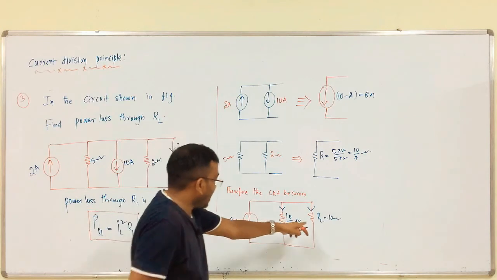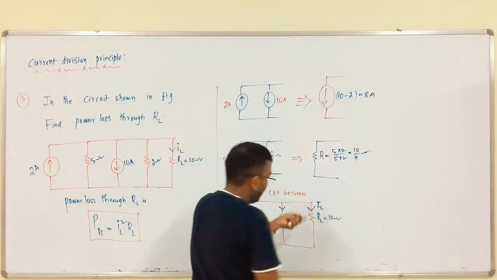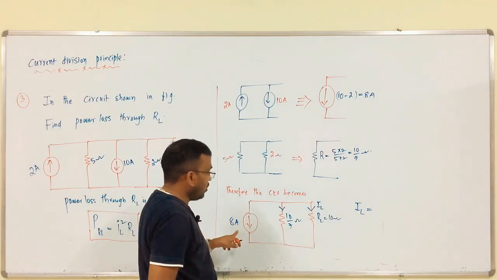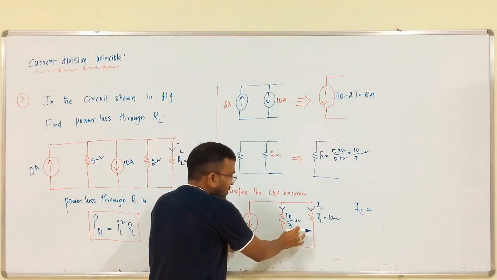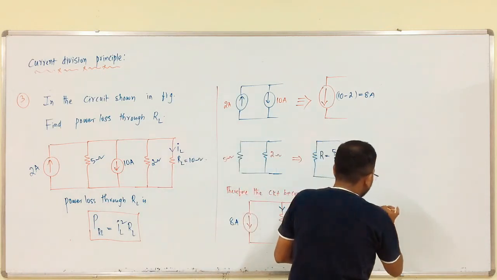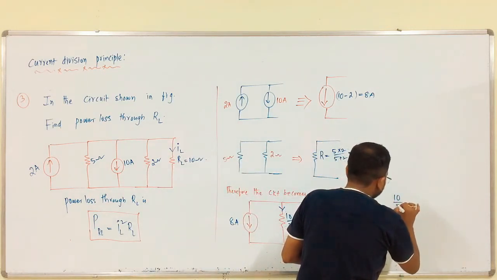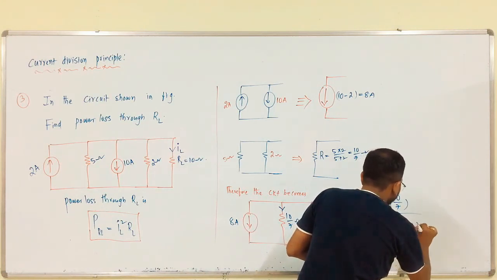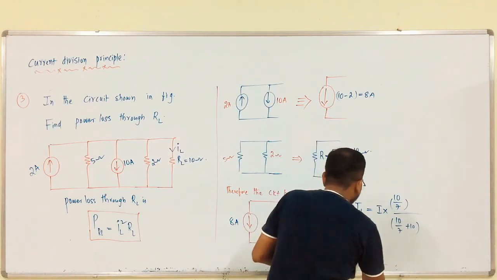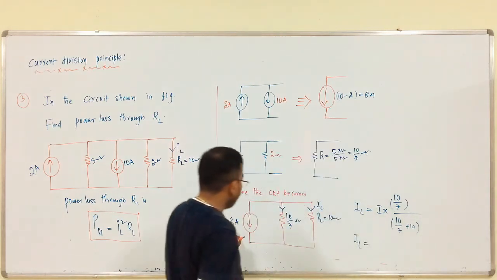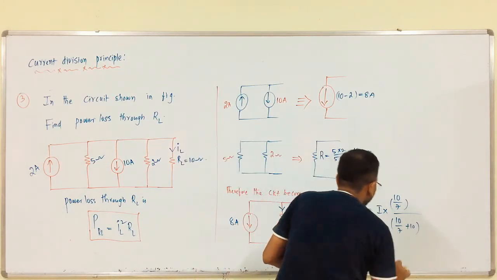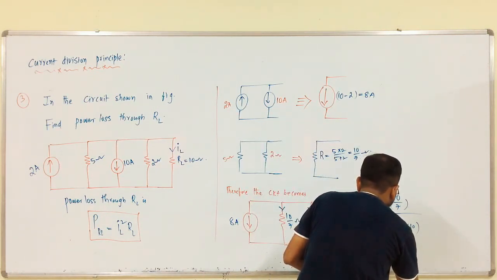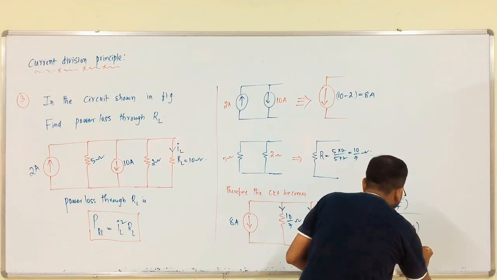Now, we have to calculate the current through the RL branch. IL equals total current in the circuit into opposite branch resistance by total resistance. That is, total current 8 into opposite branch resistance 10 by 7, by total resistance 10 by 7 plus 10, which equals 1 amp.